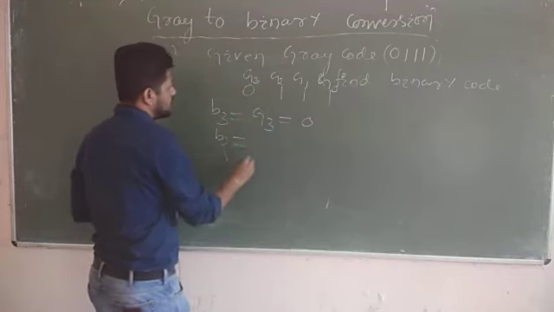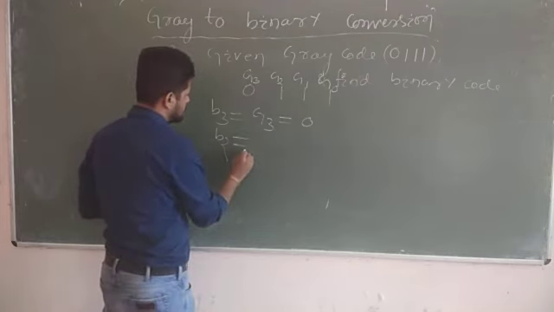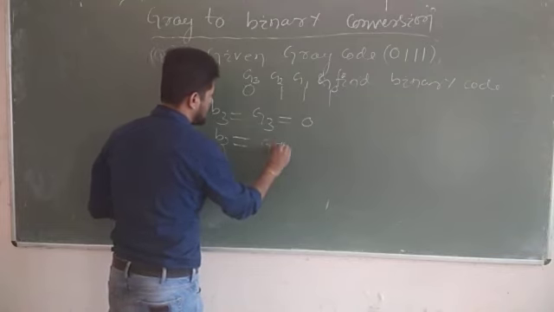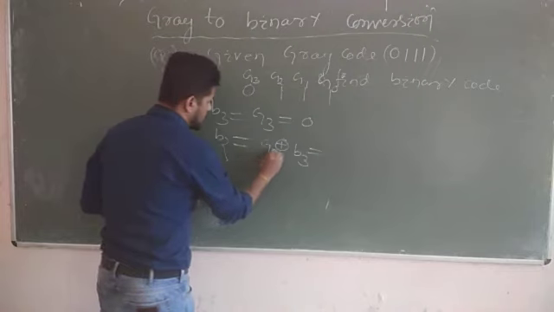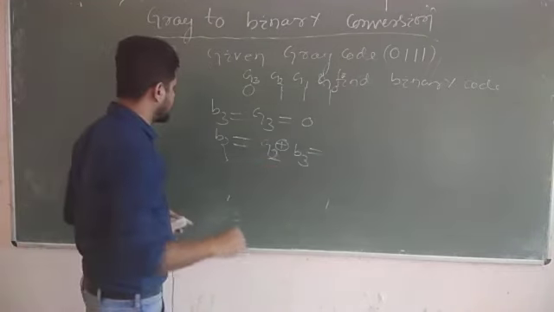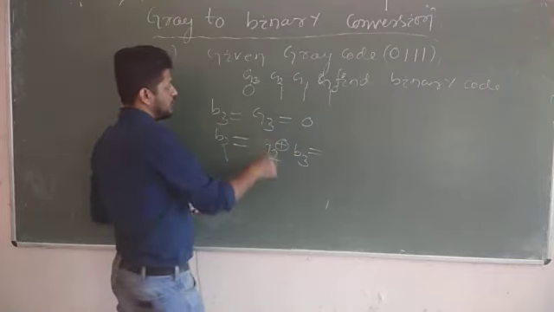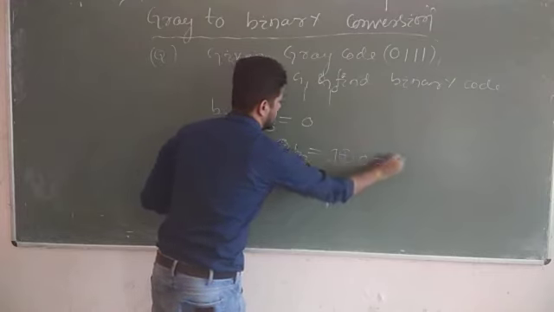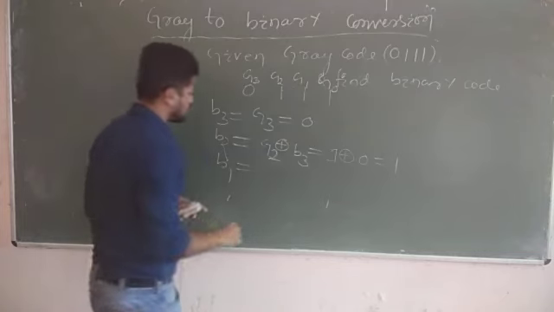B2 is G2 XOR with B3. B3 here we already found, that is 0, and G2 is given as 1, so 1 XOR 0 is nothing but 1.